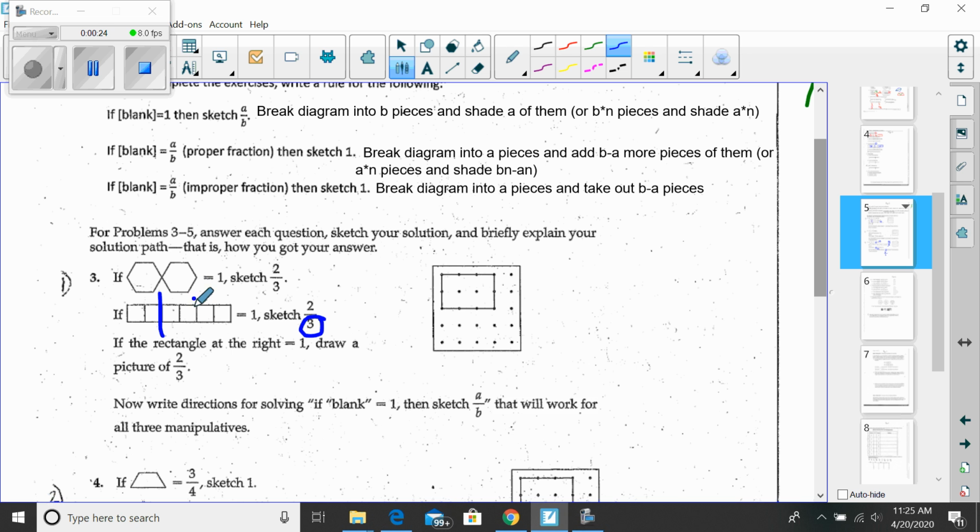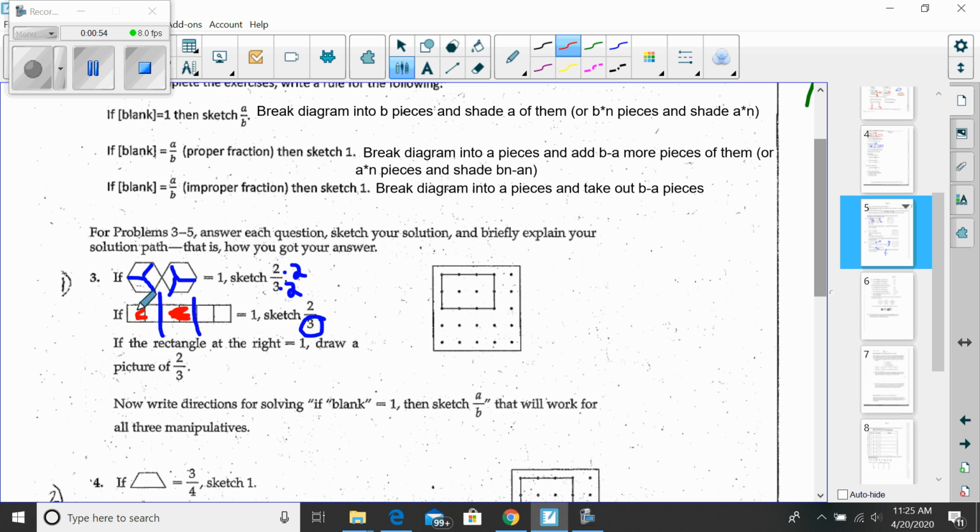Or I could divide the diagram up into some multiple of 3, because this was probably too hard to divide into 3 perfect pieces, but I bet you divided it up into 6 pieces. So we can use some multiple of the denominator as long as we then shade: we divide up into the denominator number of pieces and then we shade the numerator.